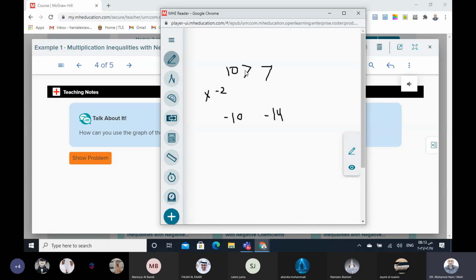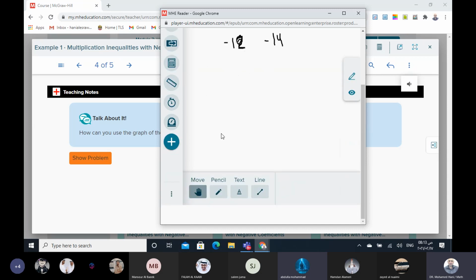Now 10 greater than 7. Now is minus 10 greater than minus 14? Yes, mister. Because when you go down, it's greater. The one close to zero is greater than the one far from zero.